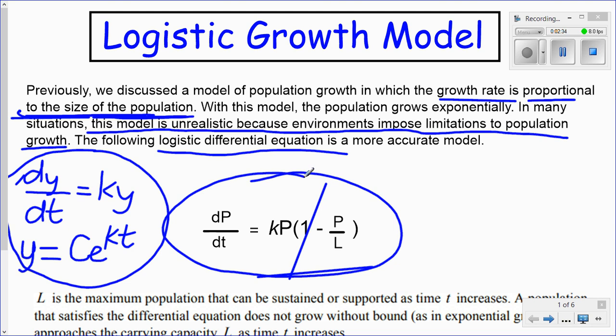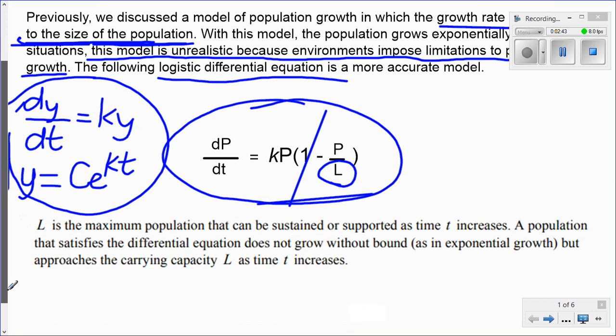But what's new in this model is L. L is the maximum population that can be sustained or supported as time increases.